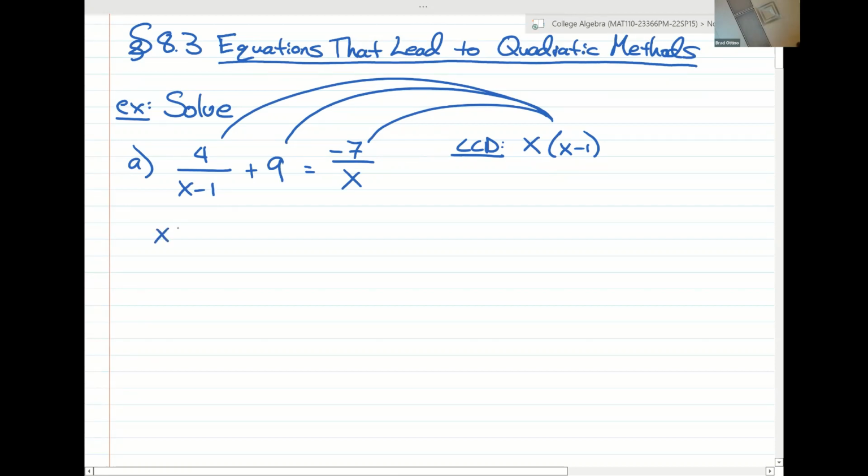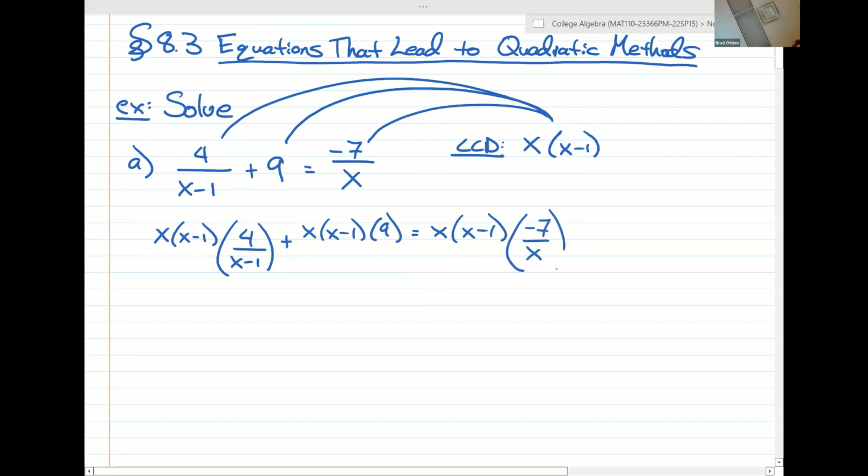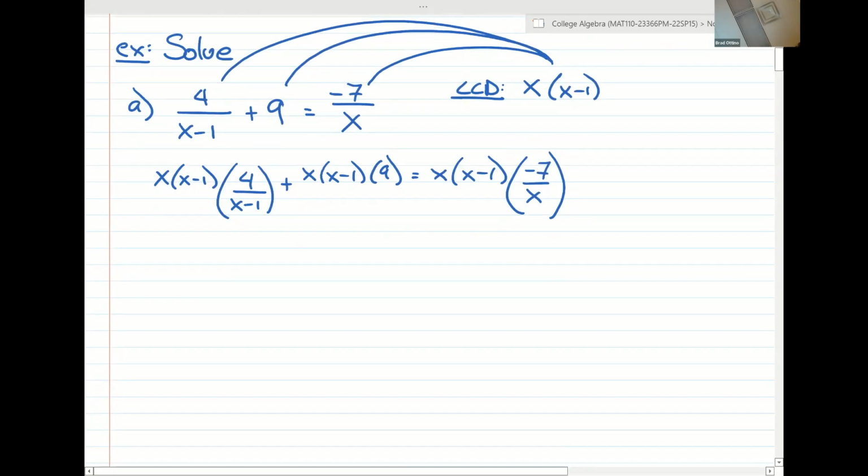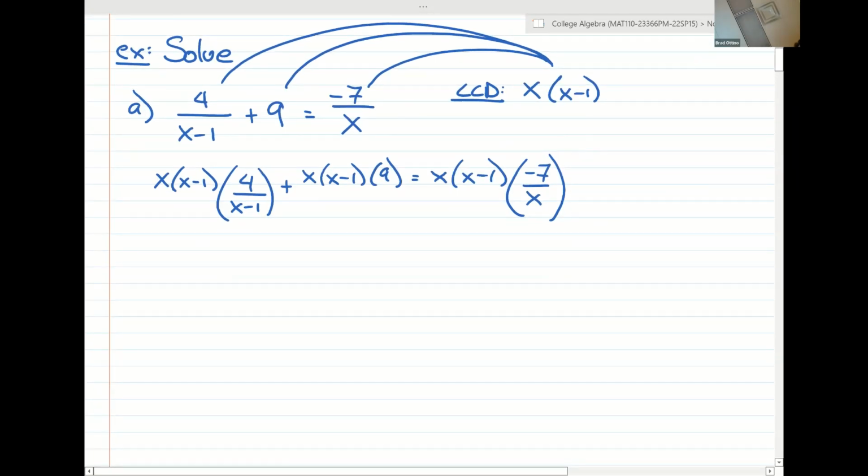So I'm going to take the time and write x times x minus 1 times 4 over x minus 1 plus x times x minus 1 times 9 is equal to x times x minus 1 times negative 7 over x. Whenever you multiply and divide by the same thing, they cancel out. We just get 4 times x plus 9x times x minus 1, which we'll distribute in a minute.